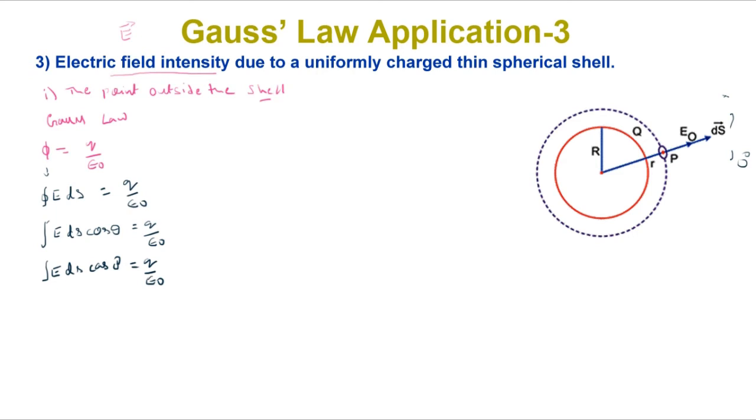Cos 0 is 1. So finally what is left is E into ds equal to Q by epsilon naught. E you take outside, so E integration of ds equal to Q by epsilon naught. Then integration of ds is S, so ES is equal to Q by epsilon naught.